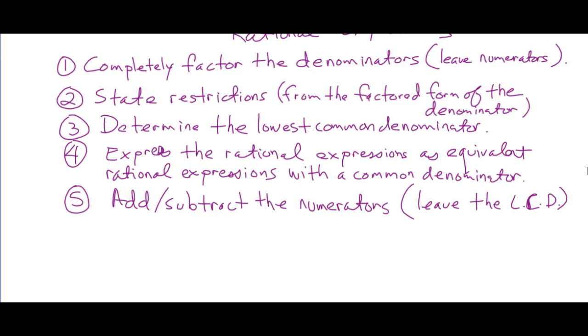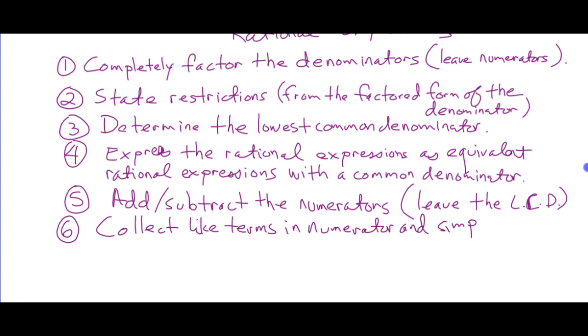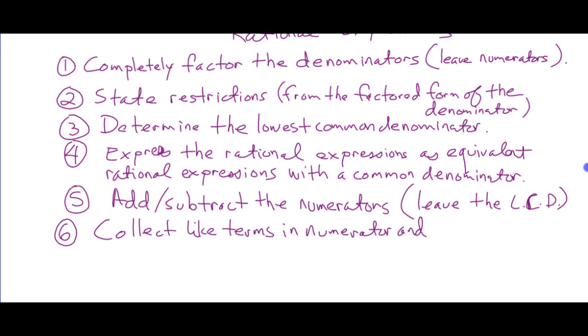Then we can play with the numerators. We add or subtract them, collect like terms in the numerator and simplify, and express as a single rational expression, which I'll abbreviate as RE. Then we simplify if possible.